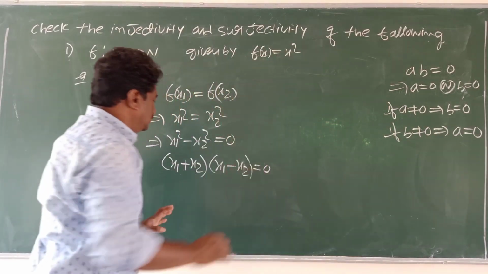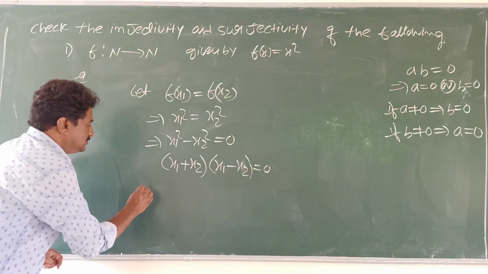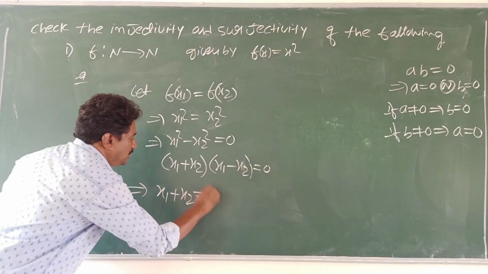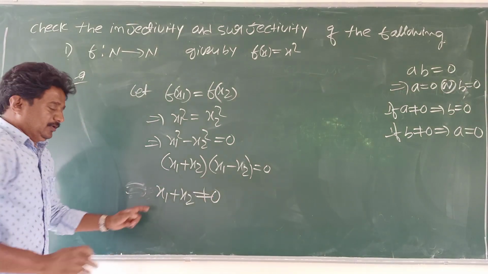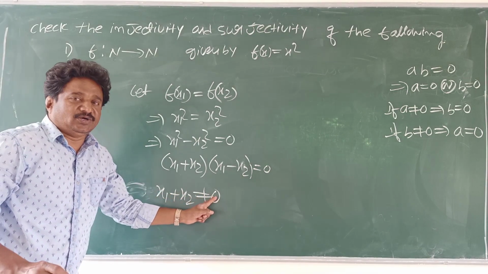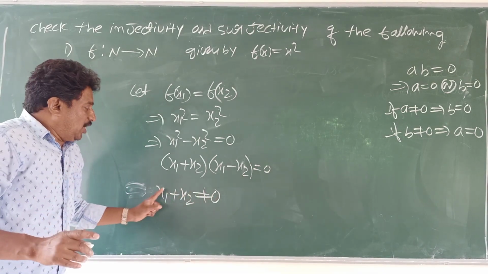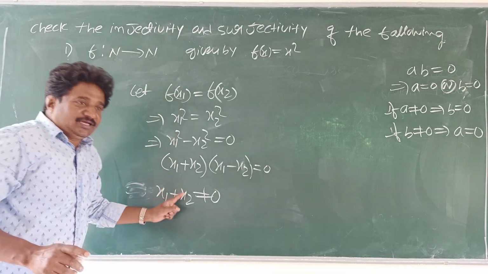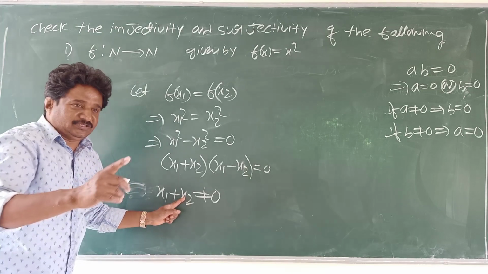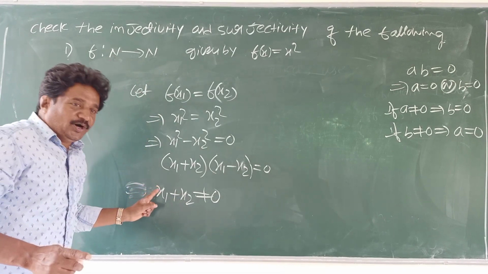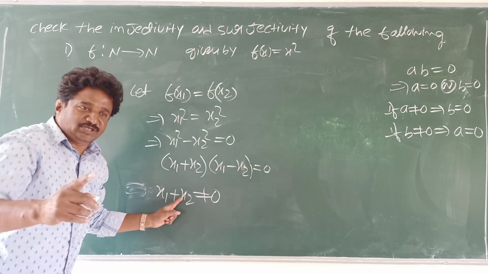Let us come to this. Clearly, students, x1 plus x2 is not equal to 0. Why is x1 plus x2 not equal to 0? Because all x belong to the first set. x1 and x2 are natural numbers. That means both x1 and x2 are naturals.